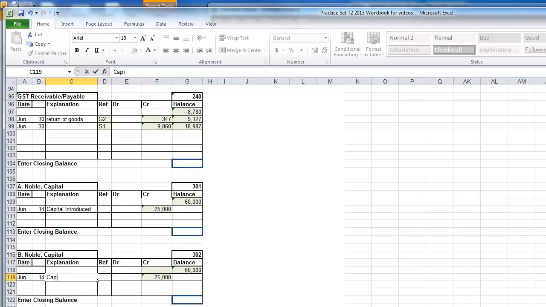If I could spell it, capital introduced, and this was CR1, cash receipts 1. Now we just need to see their equity for each of them is increased by 25,000.